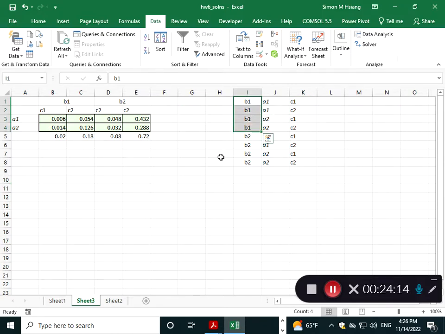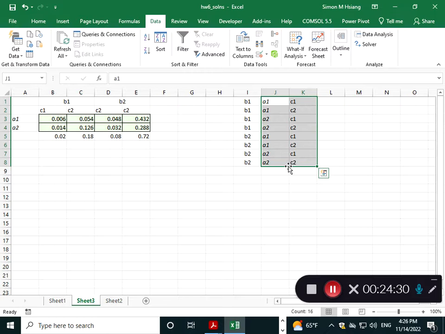Before it was A1, A1, A1, A2, A2, A2, right? But can I sort it this way, talk about B first and then A and C after?